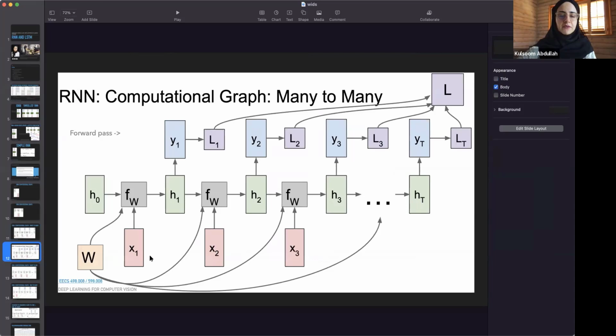Okay, this is showing you the same thing, except the other thing you'll be learning now here is that every time you have an output, as you're training, you're going to have a loss function.